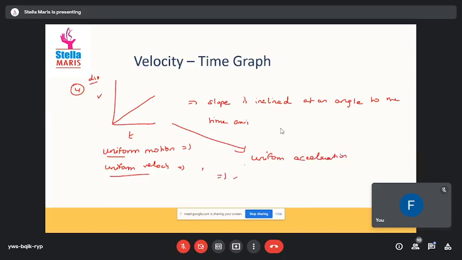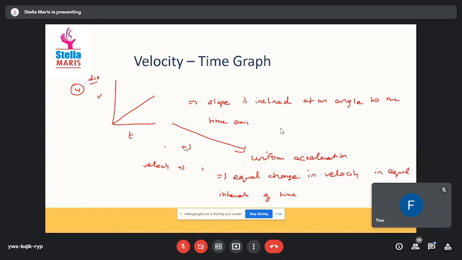There will be equal change in velocity in equal intervals of time. Okay, there will be equal change in velocity in equal intervals of time.